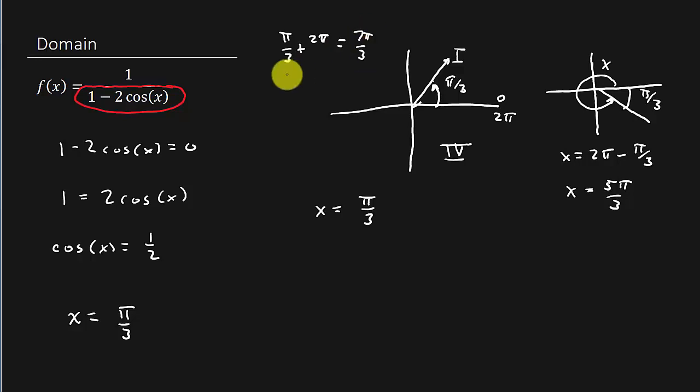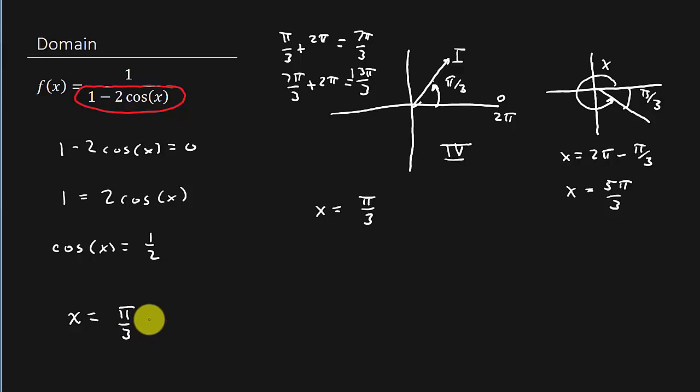And then if we add 2 pi to that again, that's going to give us 13 pi over 3. Okay, and that would also be a solution. And then we could add 2 pi again, and again, and we can also subtract 2 pi. Just keep subtracting 2 pi. But you're not going to write all those down.